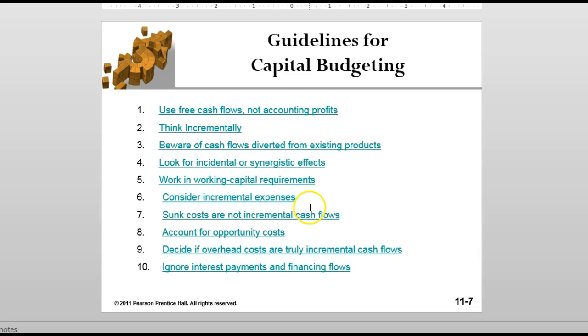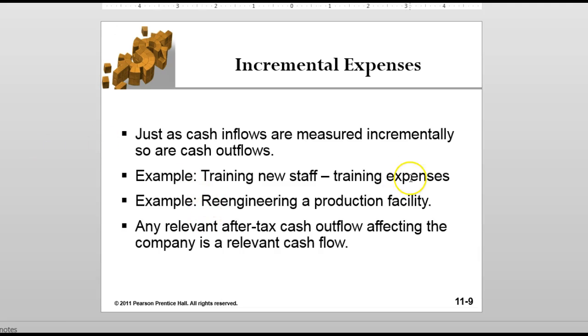Then the next one is to consider incremental expenses. Not only do you want to consider free cash flows incrementally, you want to look at the expenses that way also. That would be something like this. If you have to train new staff, you have training expenses. If you have to re-engineer a production facility, those are expenses.